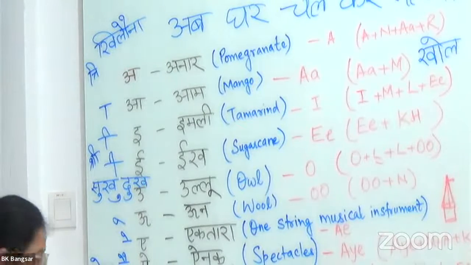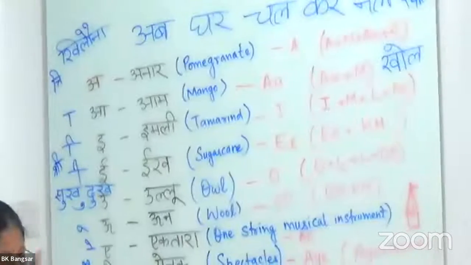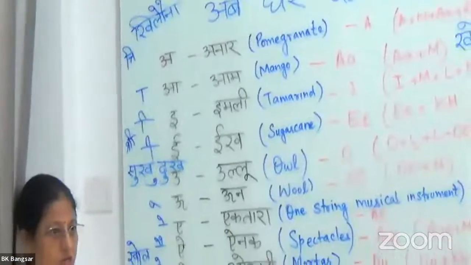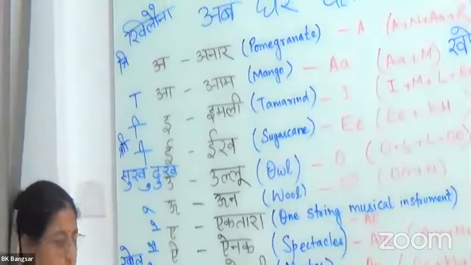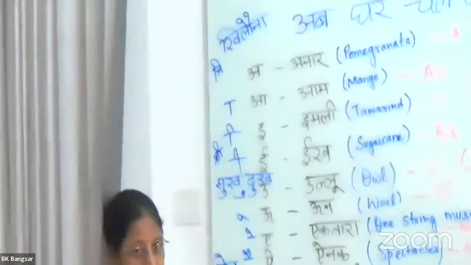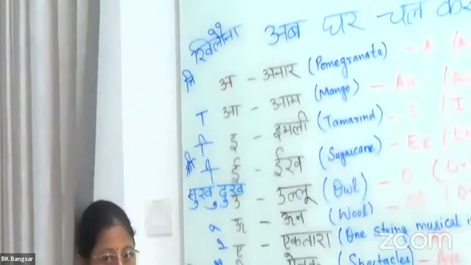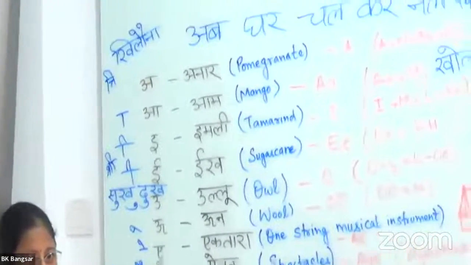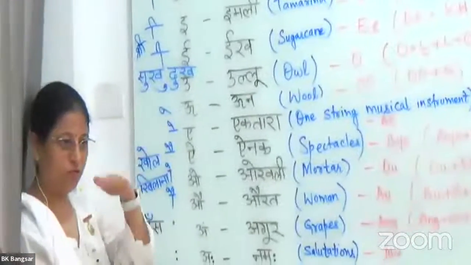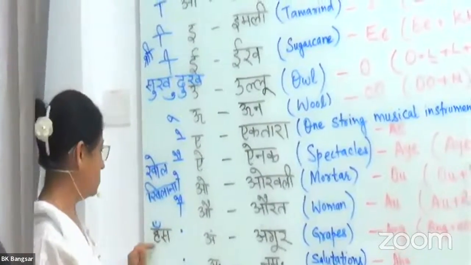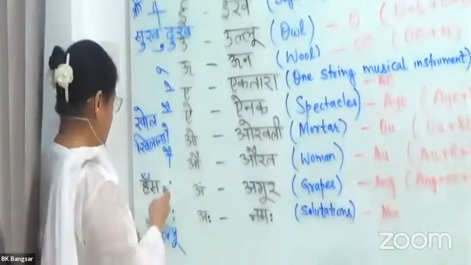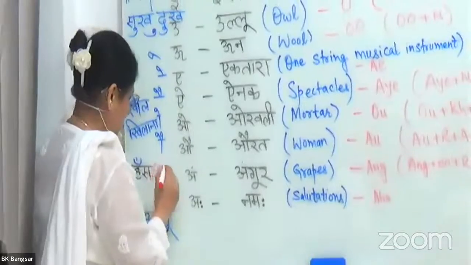When you write Hans, you don't just write one dot on top, but you have a semicircle. We call it Chandra Bindu. This is called Bindu. This is Chandra Bindu. Moon dot, because this is like a half moon. So what is Hans? Hans is swan.